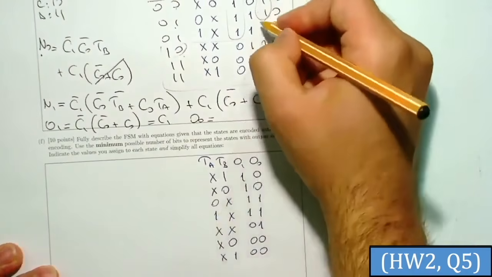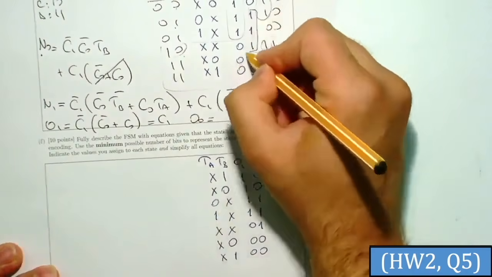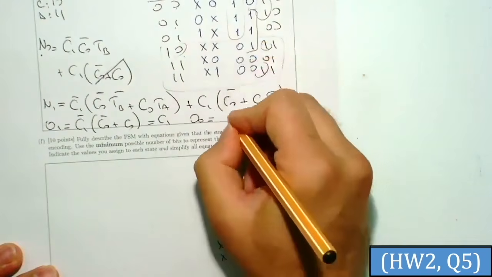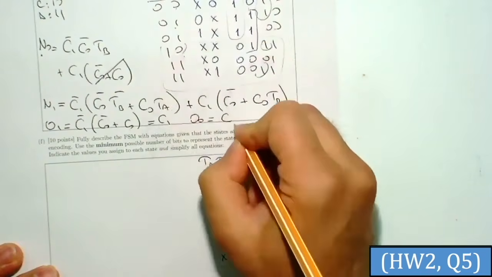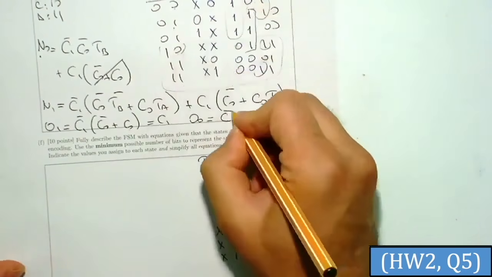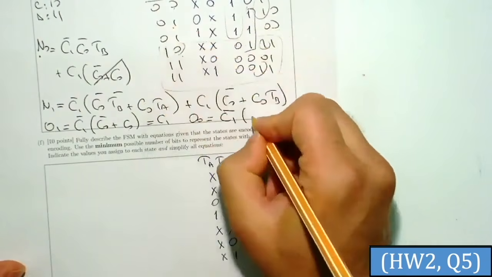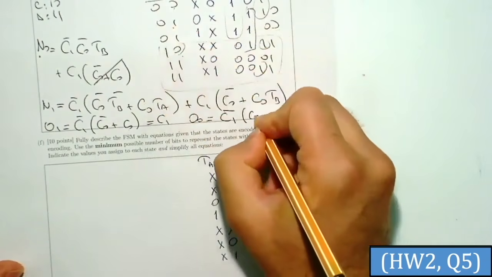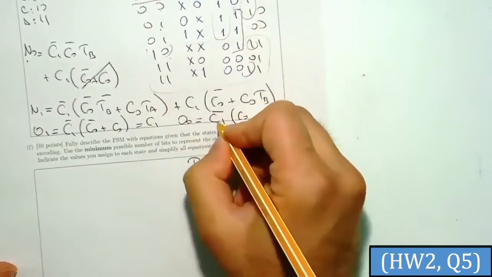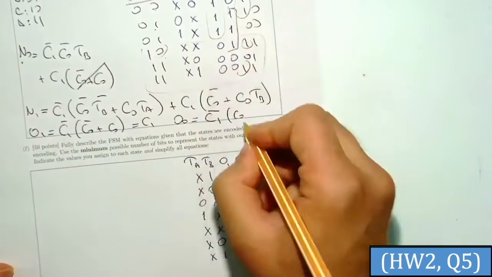And for O0, I have ones here again, and C1 will be 0 for 2 rows, and also C0 will be, let me write it in this way.